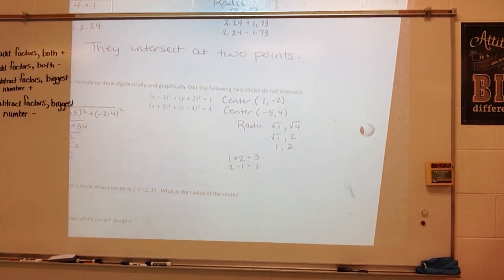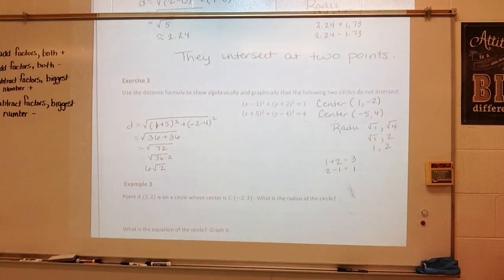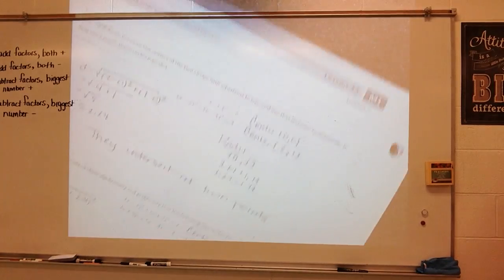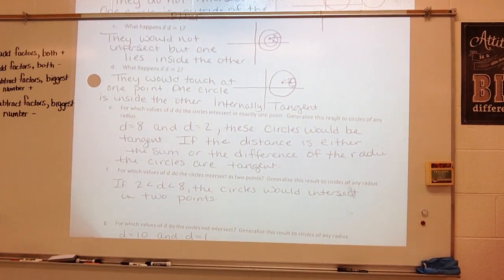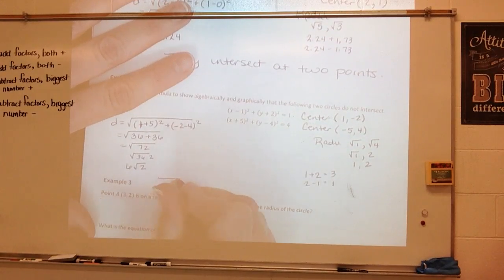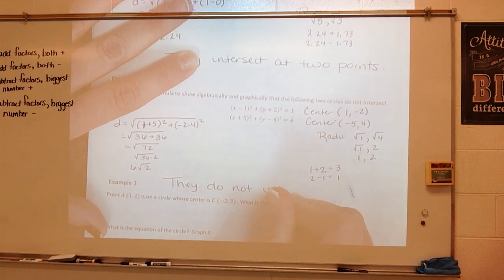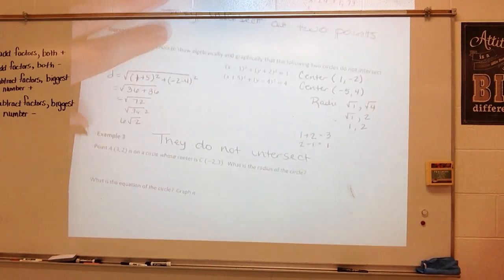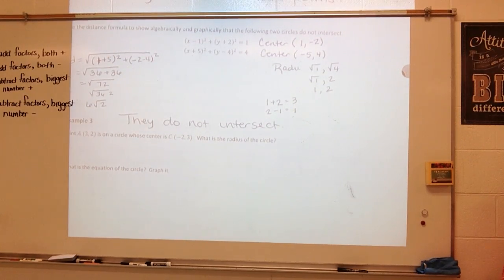So my distance is bigger than the sum or the difference. If we go back, if it is bigger than the sum or the difference, then they do not intersect. And I can graph these to prove it, but I won't spend that time because our video is getting a little long here.